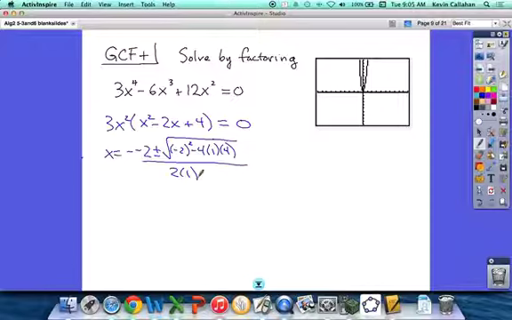That's substituting a equals 1, b equals -2, c equals 4. Okay, simplify. X equals -2 plus or minus the square root of 4 minus 16 over 2.